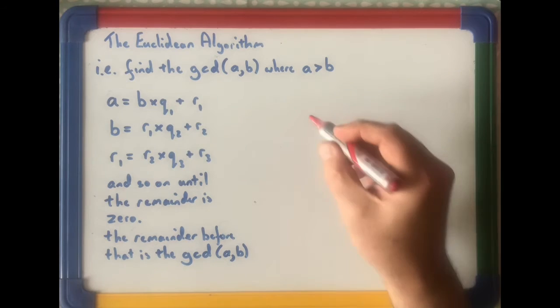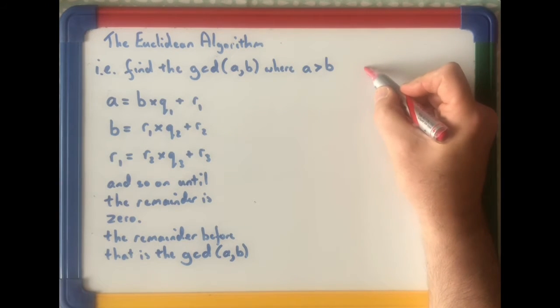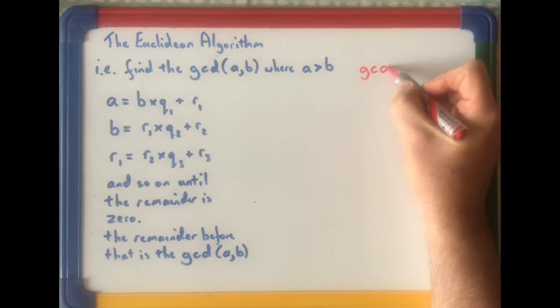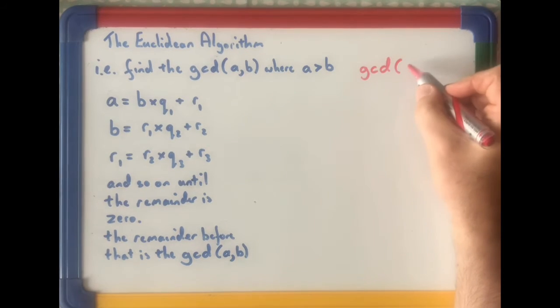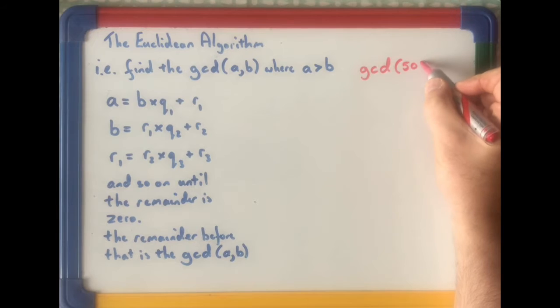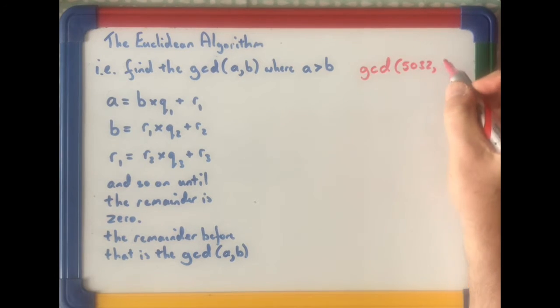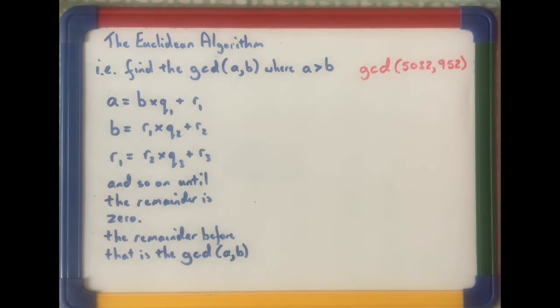So let's look at two numbers where we're working out the greatest common divisor of 5032 and 952. These are our two numbers. So I'm going to start off.